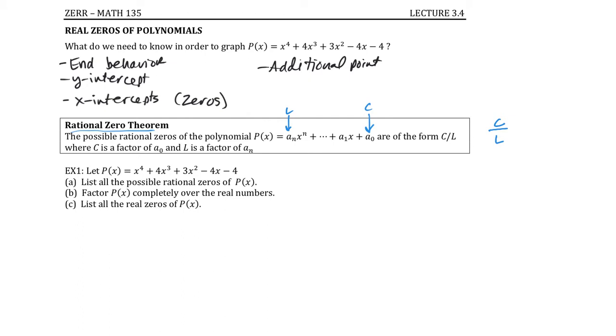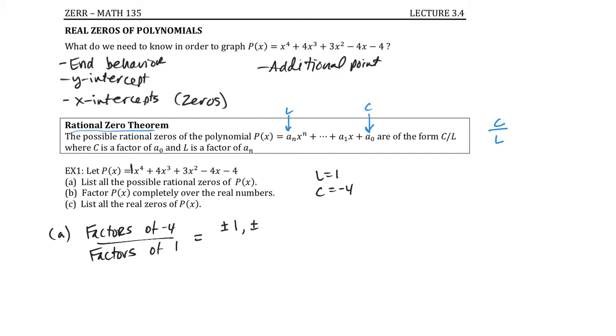All right, so here is my leading coefficient, so that's my L, and my last number is -4. Okay, so to list all the possible rational zeros, we would list all the possible factors of -4, and then we're going to divide that by all the factors of 1. So that would give me plus or minus 1, plus or minus 2, plus or minus 4.